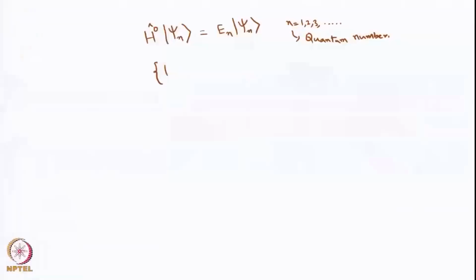Now we know that if psi n forms a complete set, okay, then any arbitrary function chi in the same variable can be written as sum over i of Ci psi i. Okay, this is something we already know. Okay.